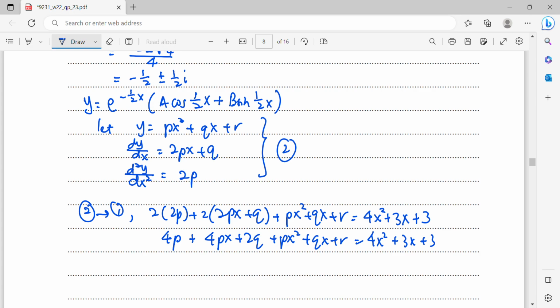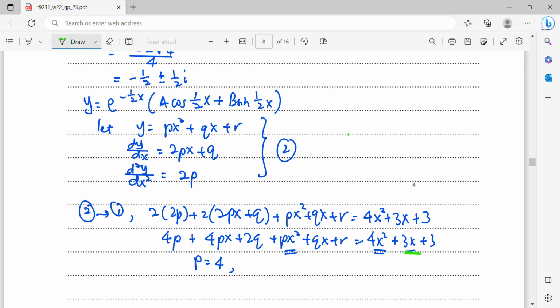Now you can compare. For px squared and 4x squared, obviously p equals 4. Then for the q, you compare the x terms.